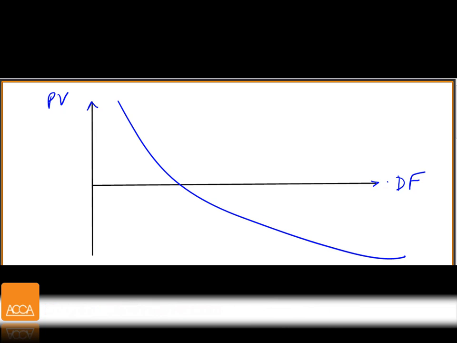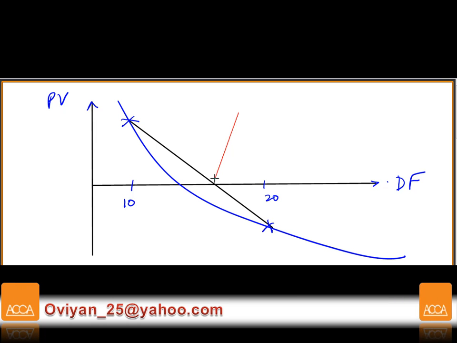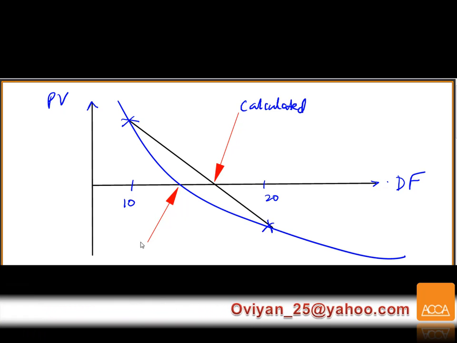So if you choose one rate here, maybe 10%, and one more at maybe 20%, for example, and when you do the interpolation, you're going to get this as your calculated IRR, while this is going to be your true IRR. So there will be a margin of difference here. No worries about this in the exam, okay?